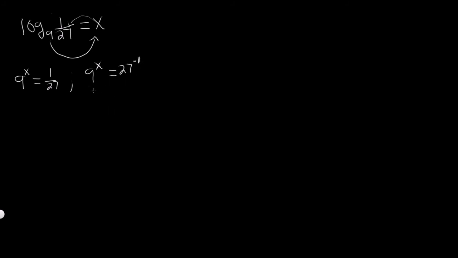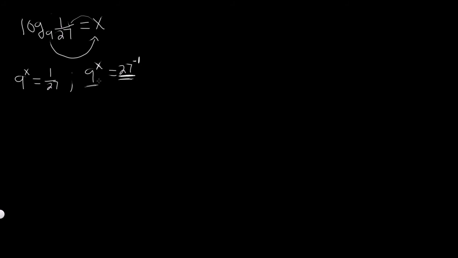And now we need to rewrite these bases as a similar base so that we can compare the exponents. So we can't just change this one, because we can't raise the base 9 to any power to equal 27. 9 to the first power is 9. 9 to the second power is 81.